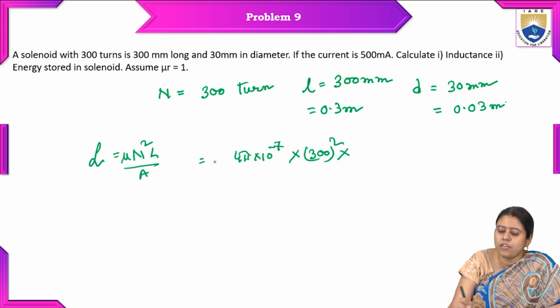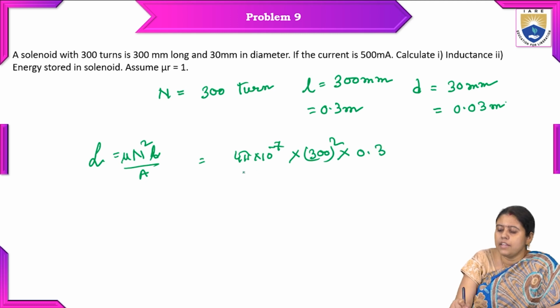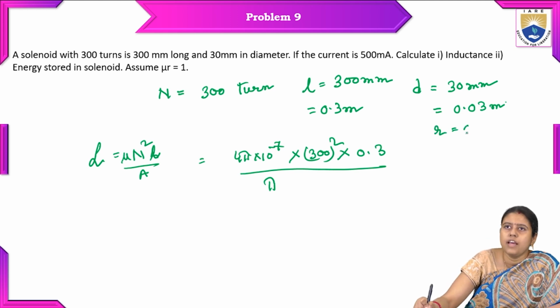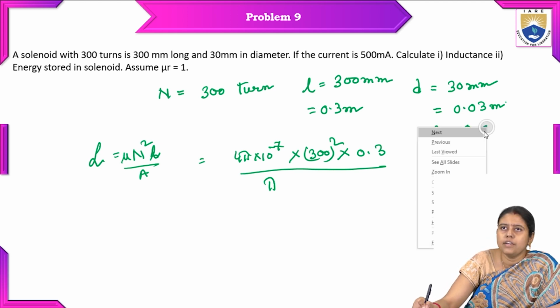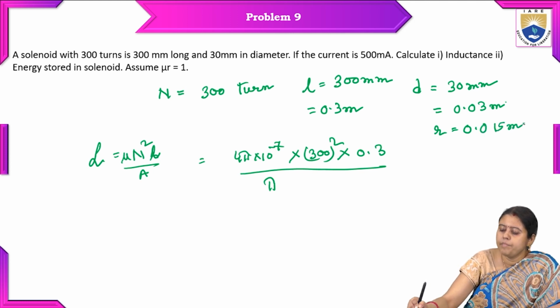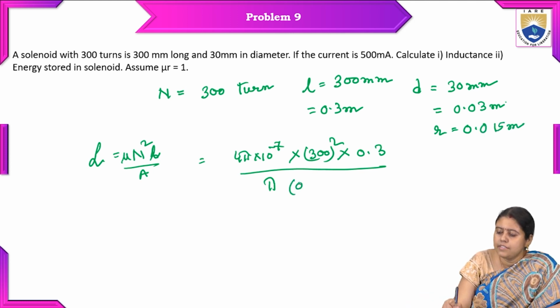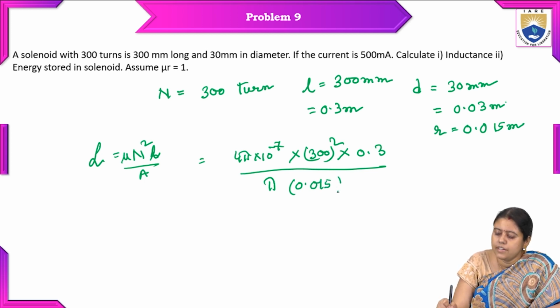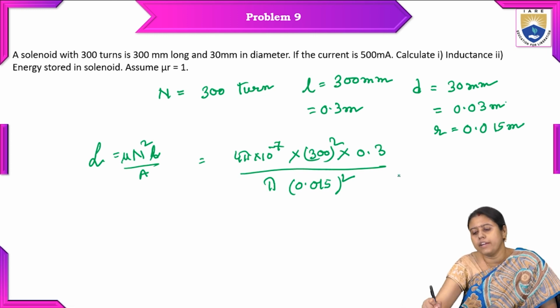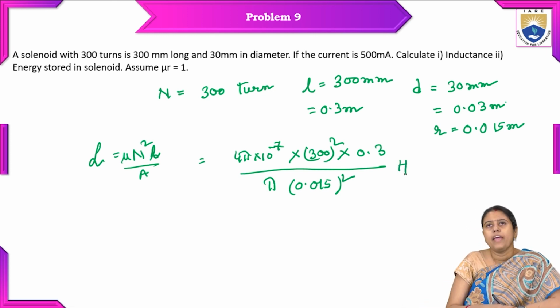Length value is given as 0.3, and A means pi r square. If D is equal to 0.03, R is equal to 0.015 meter. Pi r square. If we solve, we can get the value of the inductor in the unit of Henry.